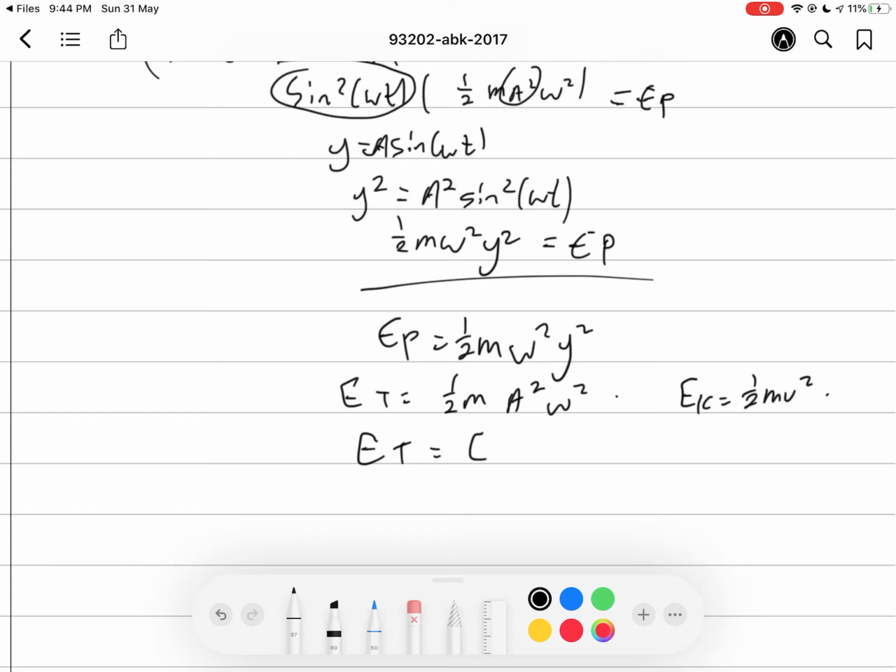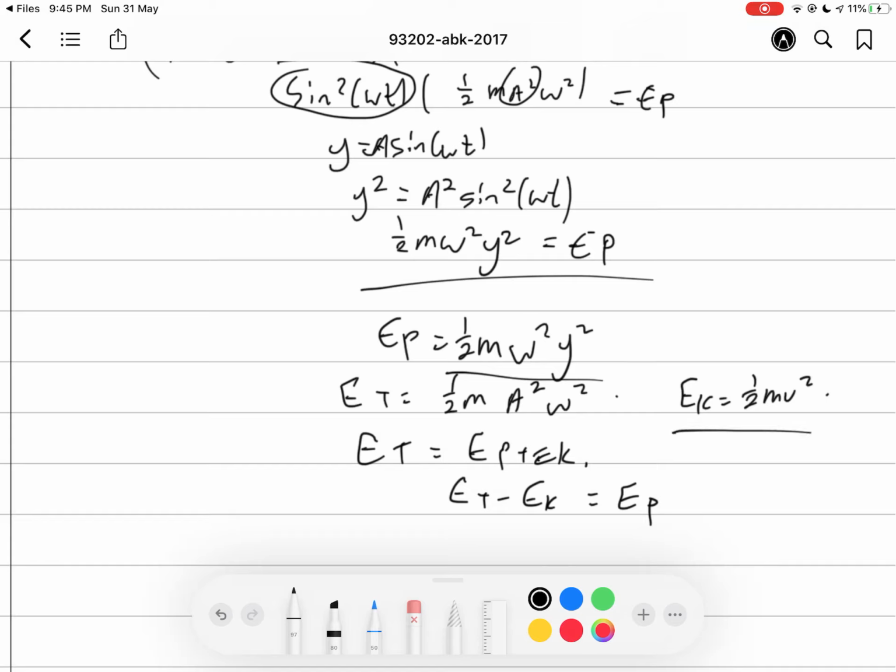Because we know that our total energy equals our EP plus EK, we know that ET minus EK equals our EP. We know EP is equal to 1/2 m omega squared y squared. We know that our total energy is equal to 1/2 m amplitude squared omega squared.